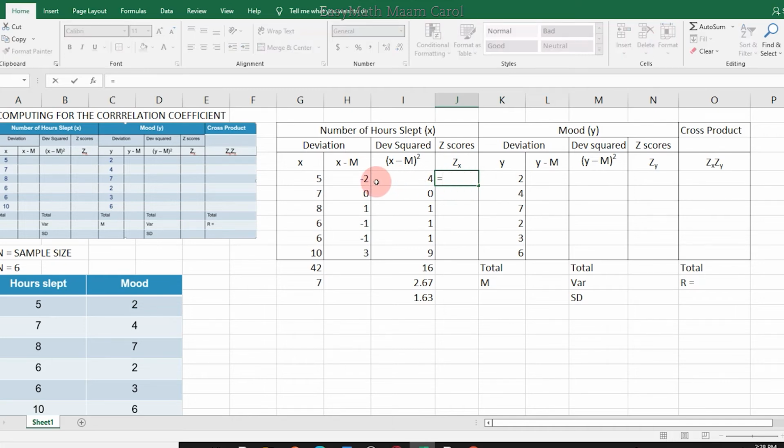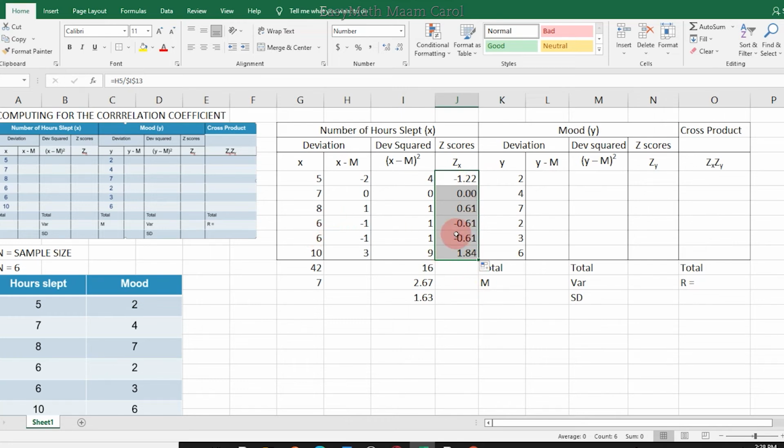Equals, click on this, divided by the standard deviation. Since everything is divided by the same standard deviation, we do the same thing we did earlier, because it should consistently be M13. So we put a dollar sign, and then enter. So we have this. Always 2 decimal places. And that's basically the Z-score.